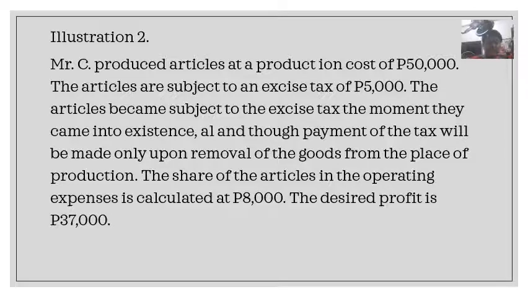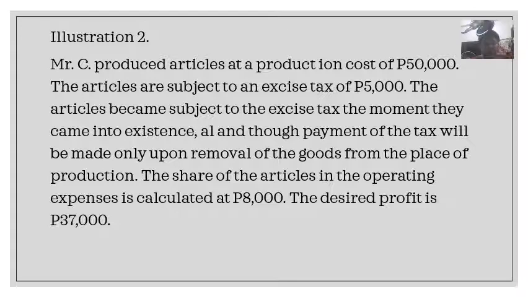Another example, Mr. C produced an article at a production cost of 50,000 pesos. The article are subject to excise tax, 5,000. The article became subject to excise tax the moment they came into existence.